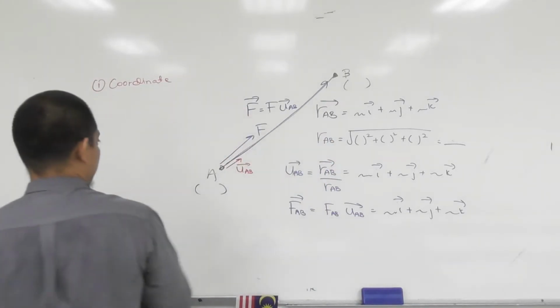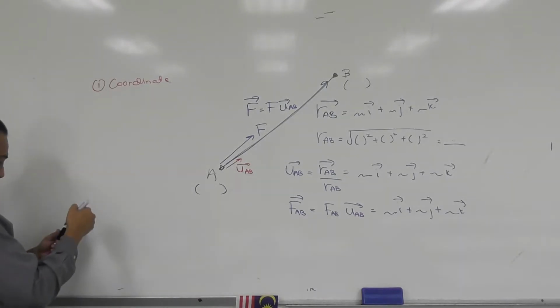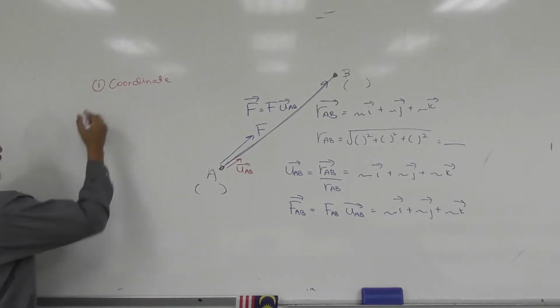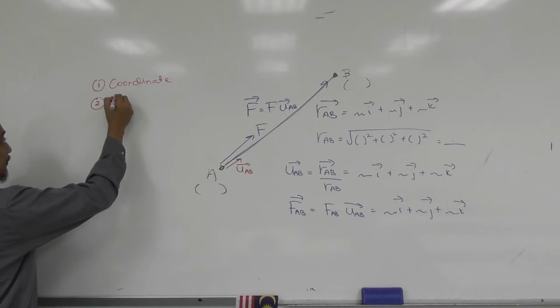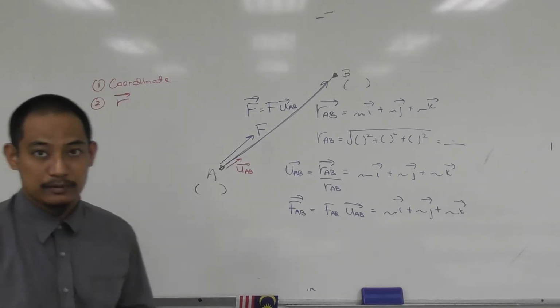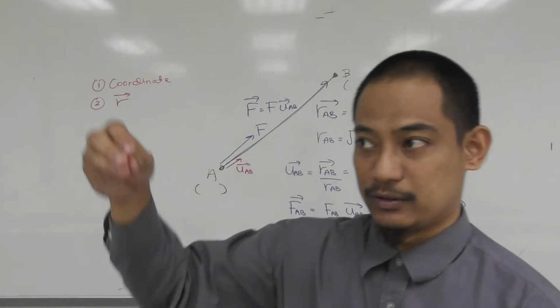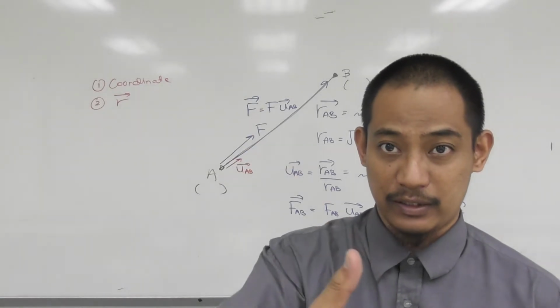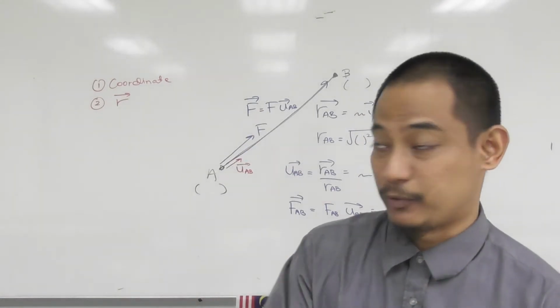Once you get the coordinate, you can get the position vector R, right? Position vector R is just the coordinate of the destination, the ending point, minus the coordinate of the starting point.